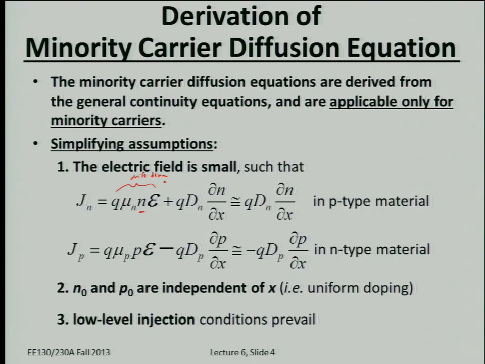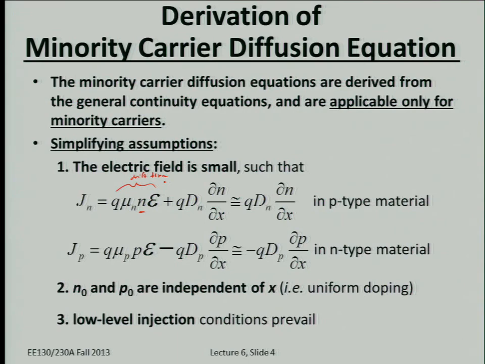Another thing that we assume is that the majority carrier concentrations are constant with distance. In other words, the dopant concentration is not changing with distance. And low-level injection conditions prevail. First of all, what does it mean to have low-level injection conditions?